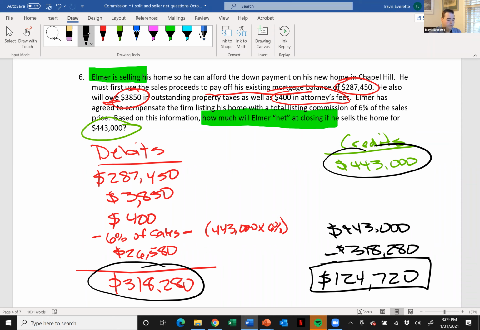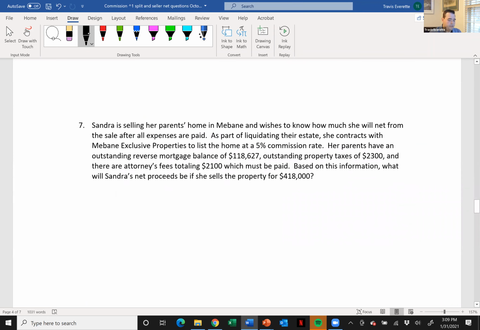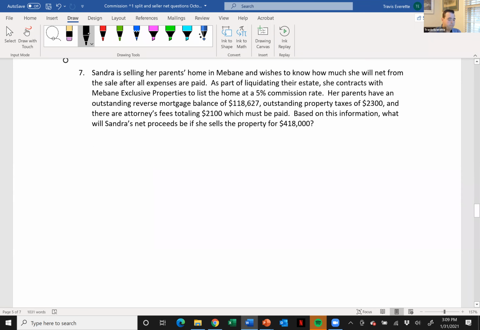Okay, so let's take a look at the next one here. See what they want us to do. So Sandra is selling her parents' home in Mebane and wishes to know how much she will net. Well, there it is. Wishes to know how much she will net from the sale after all expenses are paid. As part of liquidating their estate, she contracts with Mebane Exclusive Properties to list the home at a 5% commission rate.